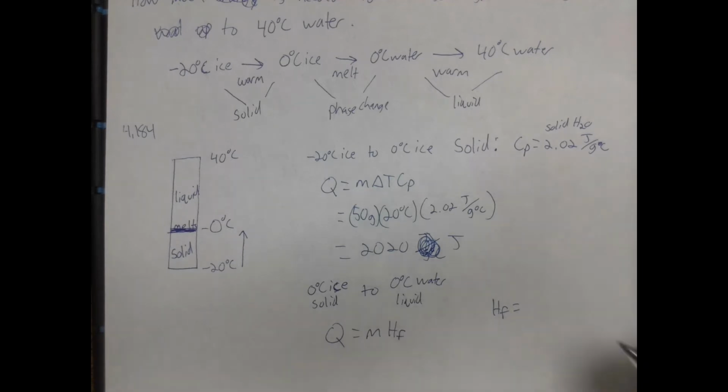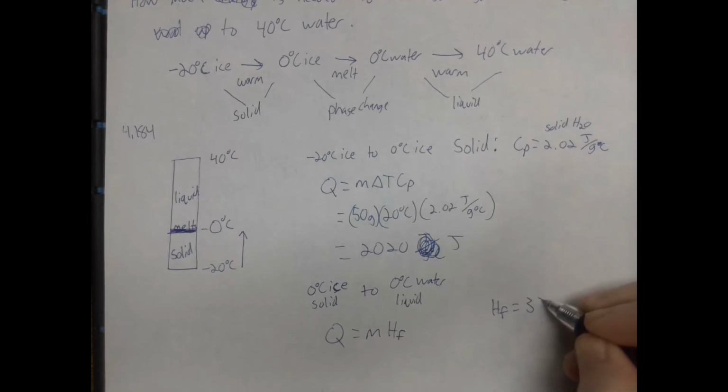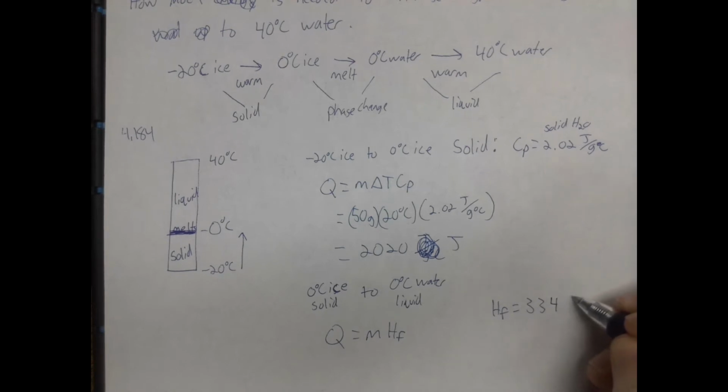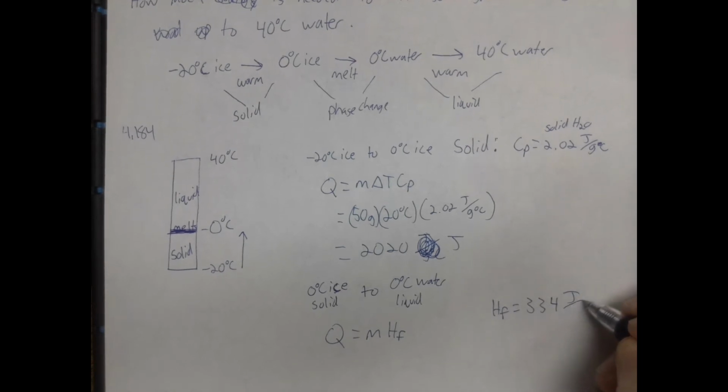And we'll use 333. And again, we'll use 334 actually. And this is joules per gram.